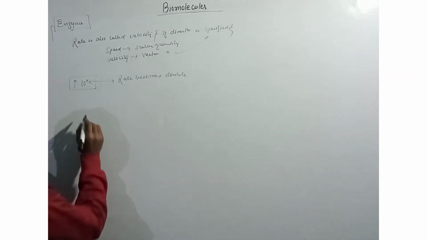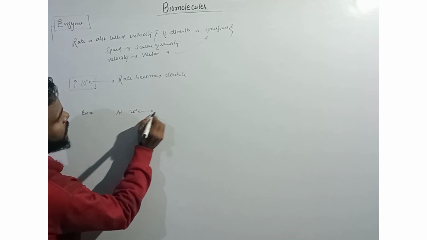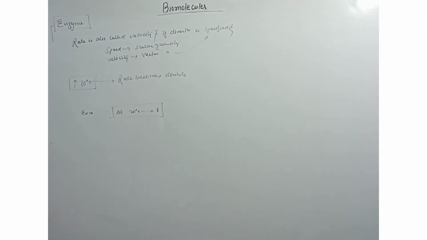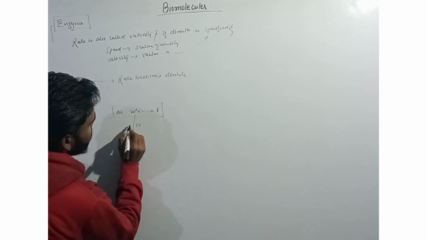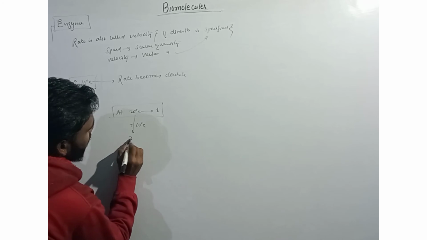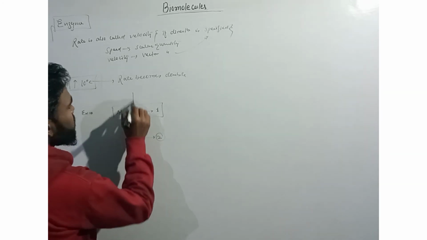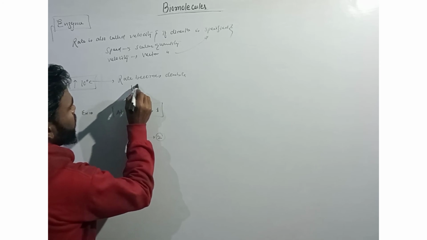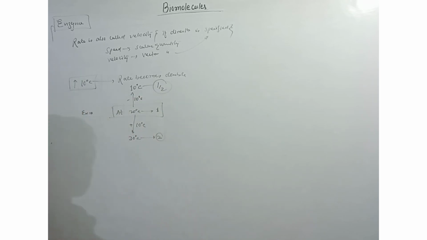For example, at 20 degrees Celsius, if we consider the rate is 1, then at 30 degrees Celsius the rate becomes double. In the same fashion, when we decrease by 10 degrees Celsius, the rate becomes half. Now let's proceed further.